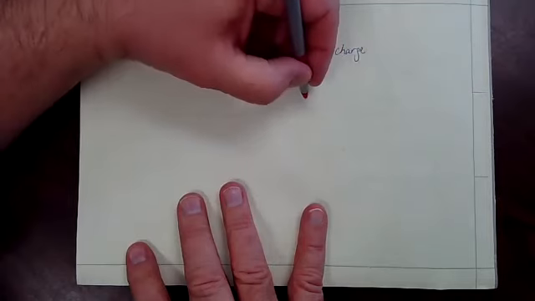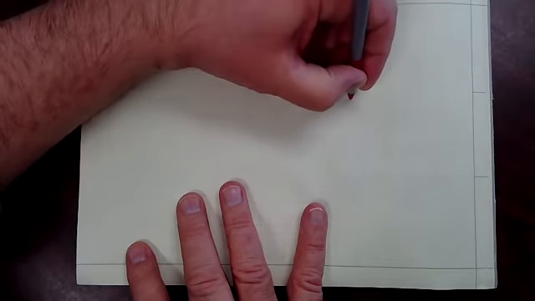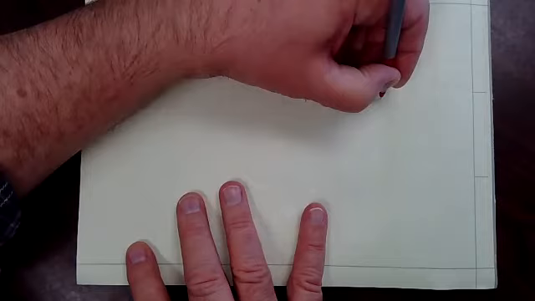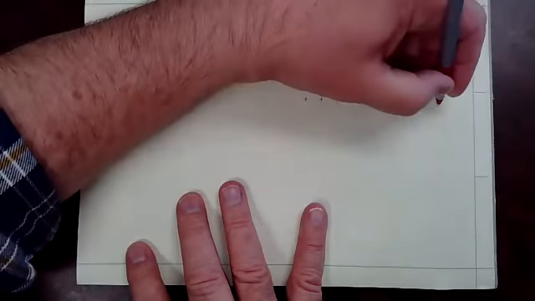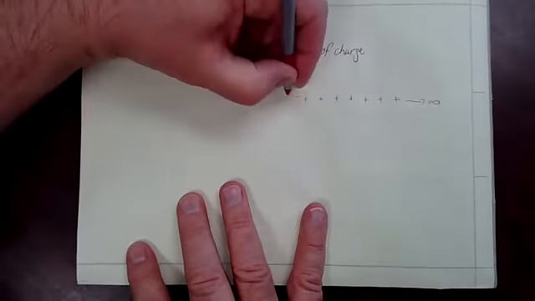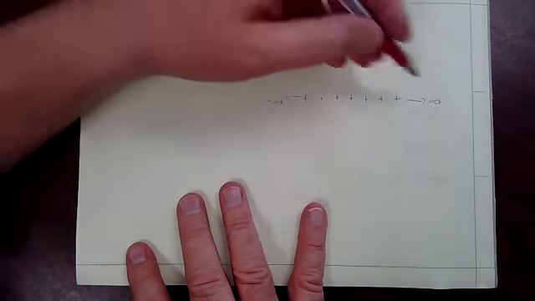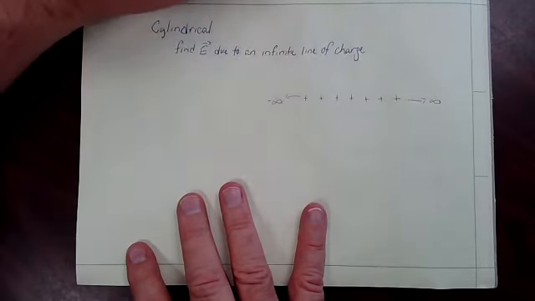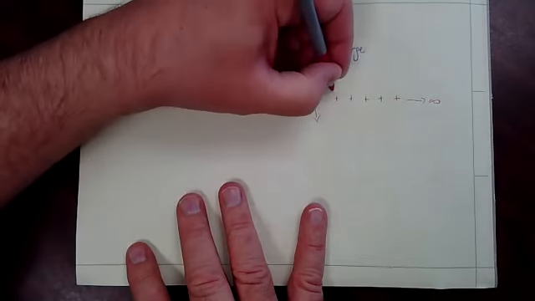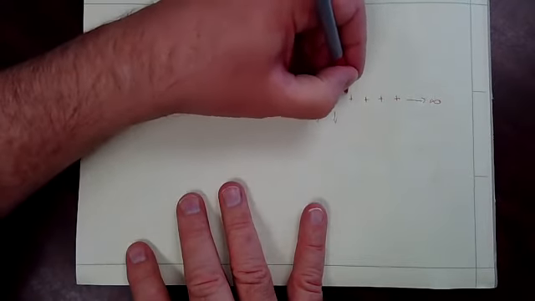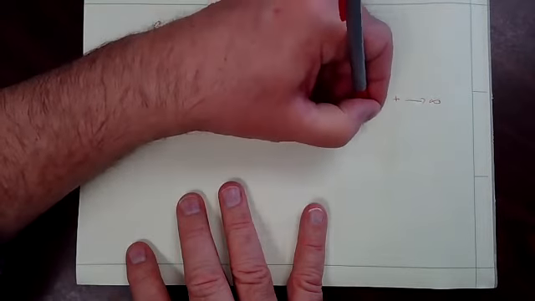So let's do our plus signs here. I'm going to do a few positive charges here to represent our infinite line of charge, off to infinity, off to negative infinity. It doesn't really matter who's on which end because they're the same place. And then our electric field points outward. I could do it all the way down, but just enough.